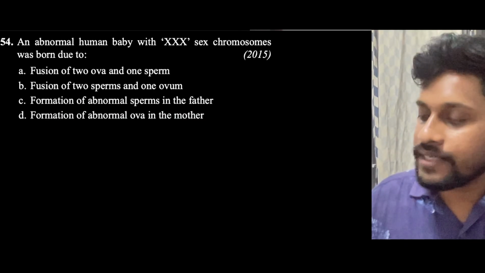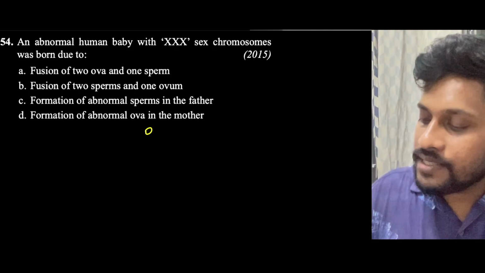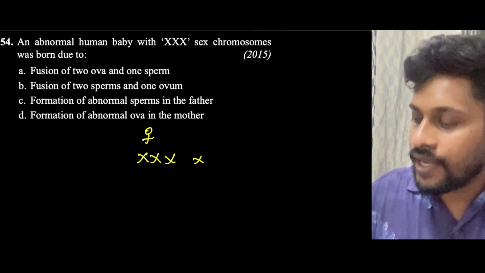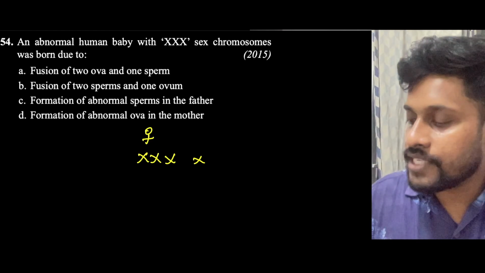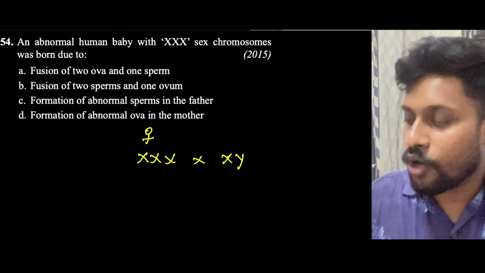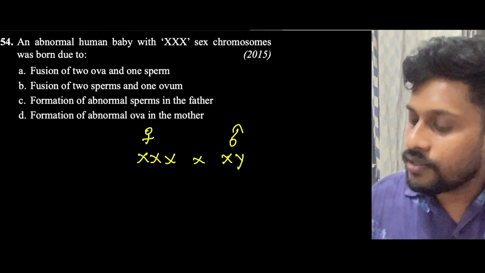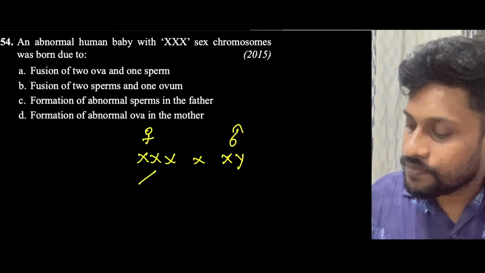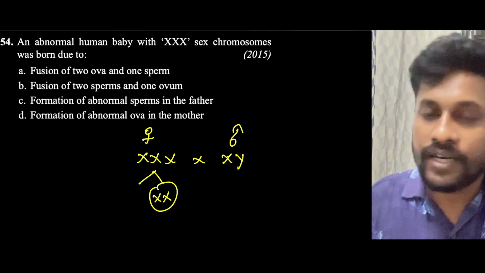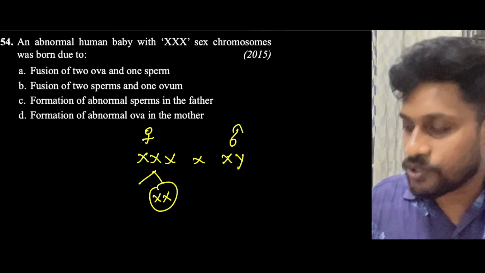Let's say imagine there is a female with a triplo-X chromosome, and she is marrying a normal human male, XY. So here the lady may produce one gamete with the 2X chromosome.